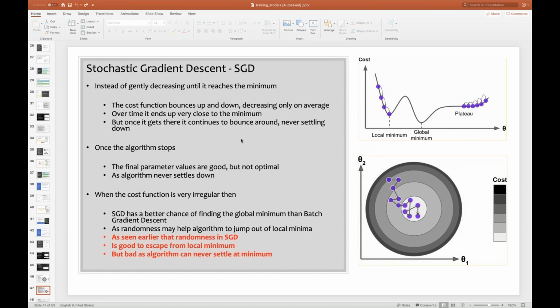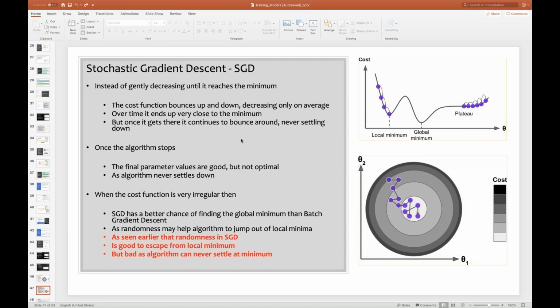Now, when the algorithm is stopped, the final parameter values are good, but not optimal, as the algorithm will never settle down. You may still do some regression testing or stress testing to make sure how optimal you can get the solution. Now, what happens when the cost function is very irregular? Again, cost function and learning rate are kind of synonyms.